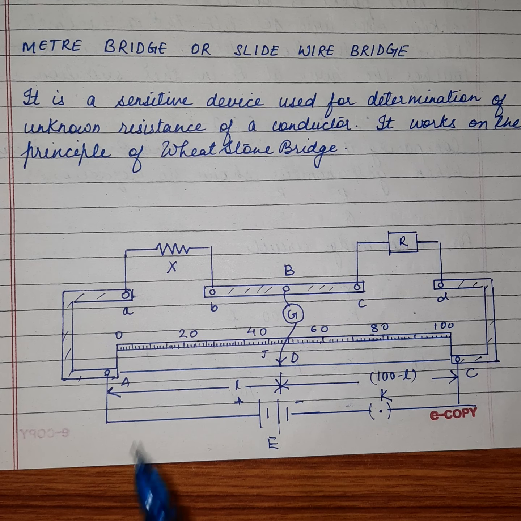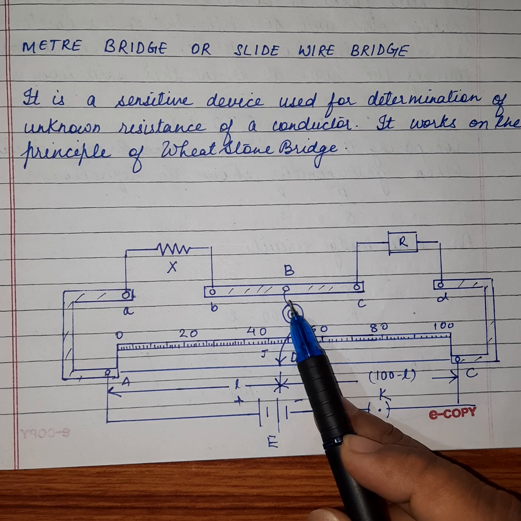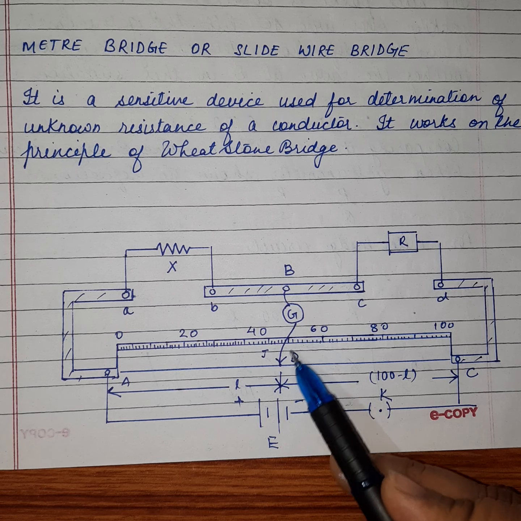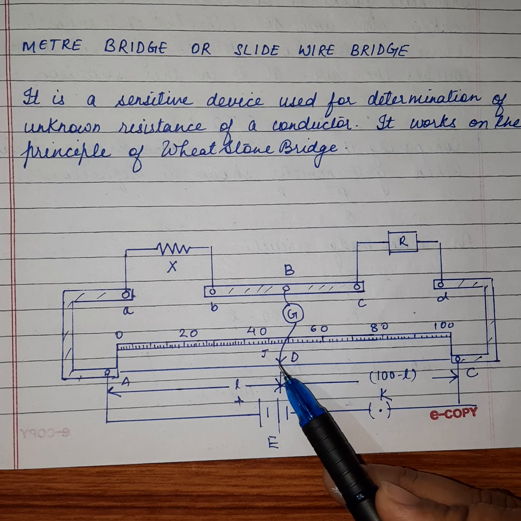The unknown resistance X is connected between terminals A and B, and the resistance box R is connected between C and D. A galvanometer G is connected to terminal B at one end and to a jockey J at the other end. A battery is connected between A and C, with a key K, right?